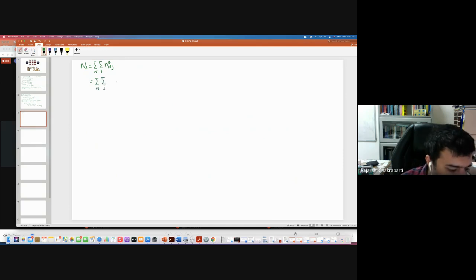So our n nj is e to the power of minus alpha prime, e to the power of minus beta Enj, and this is going to be a function of volume, and e to the power of minus gamma n. Okay, this is fine. If I make any mistake, tell me.